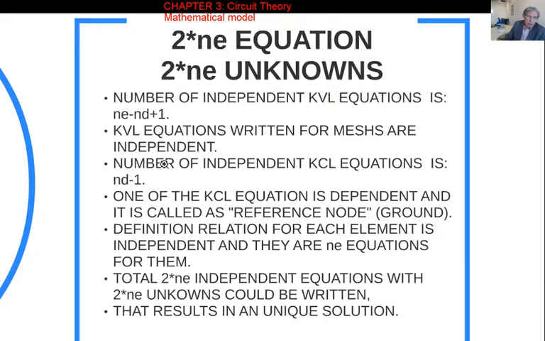Let's come to the other equations. The number of independent Kirchhoff current law equations is ND minus 1. In the previous frame, I explained why one of the nodes is dependent, that is ground. We are not going to write any equation for this. So for the other nodes, we are going to write Kirchhoff current law equations, and these equations are independent.